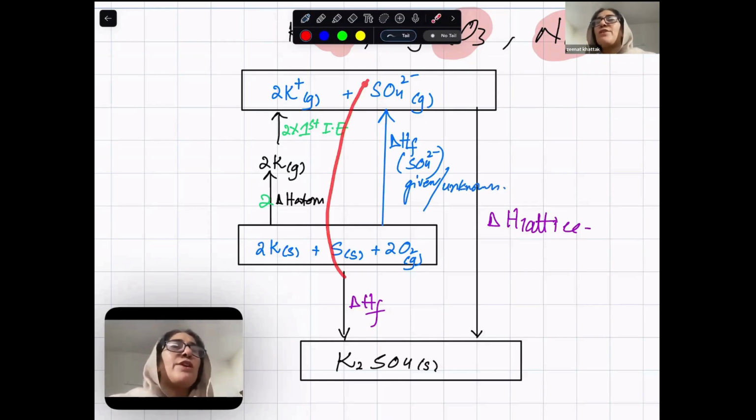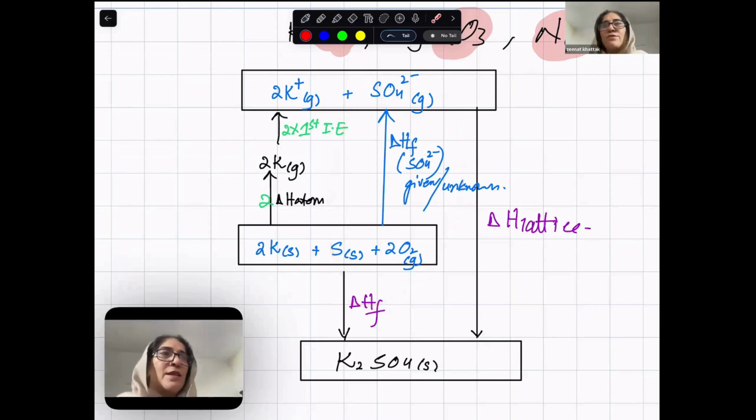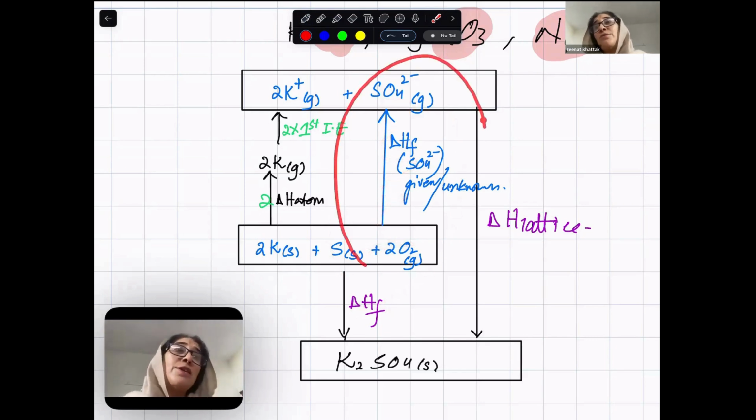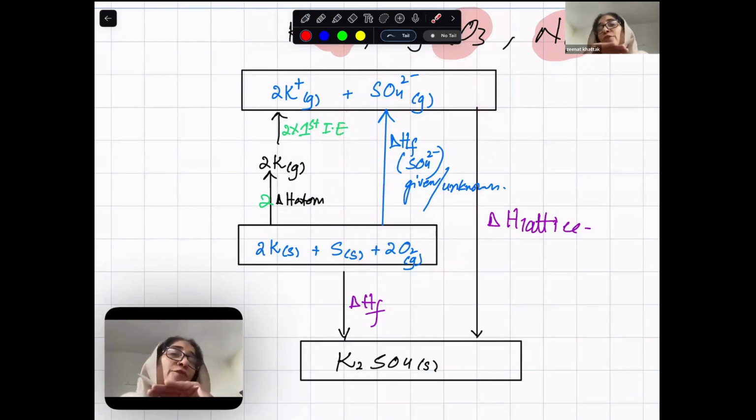Like for molecular ions, keep in mind, they're not going to ask you the steps, because this is again internally a full Hess-law kind of situation. A full cycle is involved.